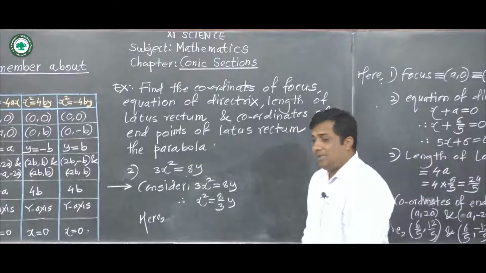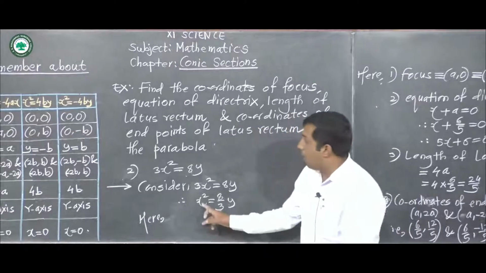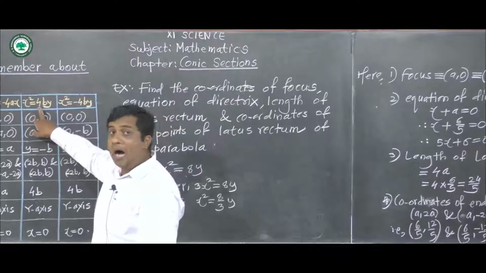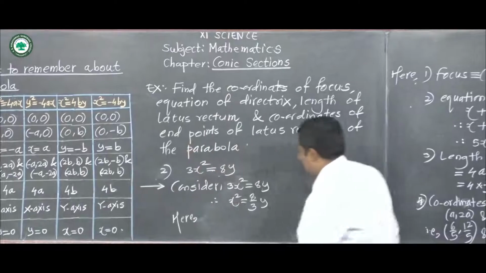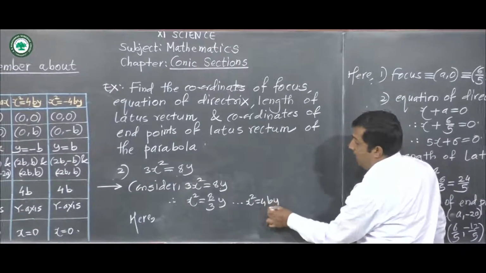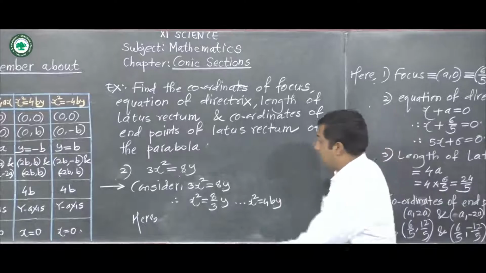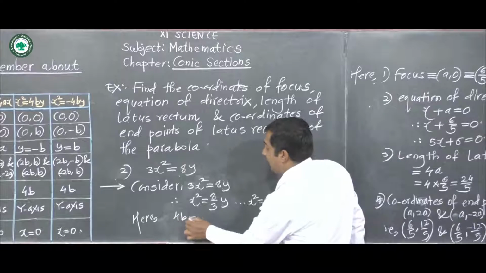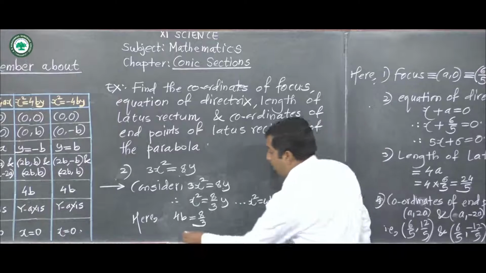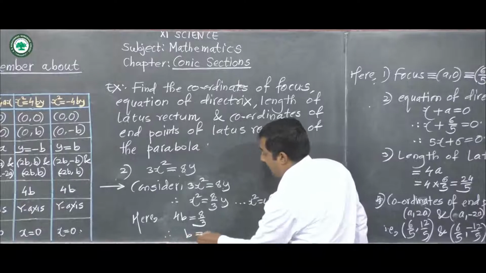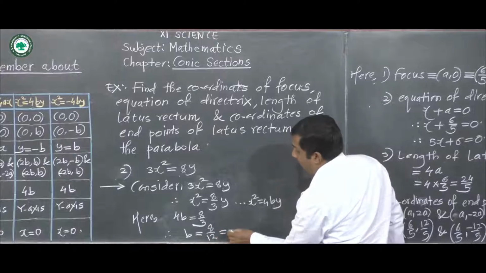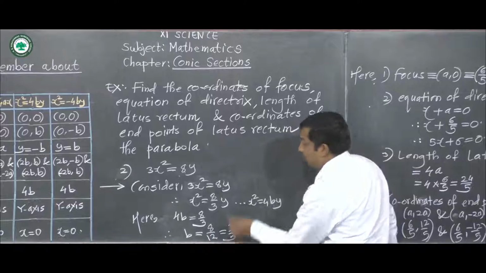Now we know this equation is of the form x square is equal to 4by. Remember, this is of the form x square is equal to 4by. Here we know 4b is equal to 8 by 3. So we get b separately, and b is 8 by 12, 8 by 12 means 2 by 3.